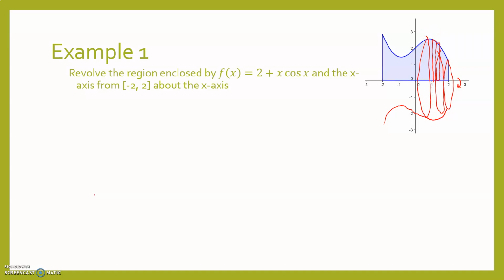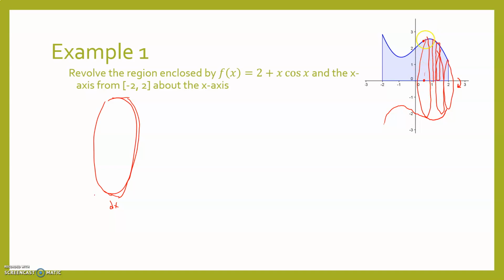Okay, I'm going to take a look at just one of these disks. It has a little tiny thickness that's going to be like the height of our cylinder. Because we sliced it perpendicular to the x-axis, that little tiny thickness is going to be dx. And then it's also going to have a radius. The radius is going to be the distance from the x-axis up to the curve.